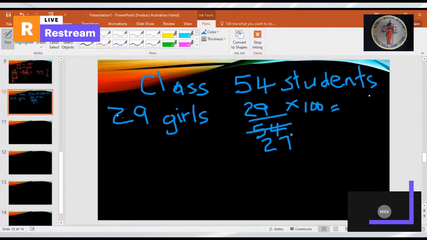It's easier to divide, the 29 by 27, and that would give me 1 and 2 over 27. So we multiply that by 100.